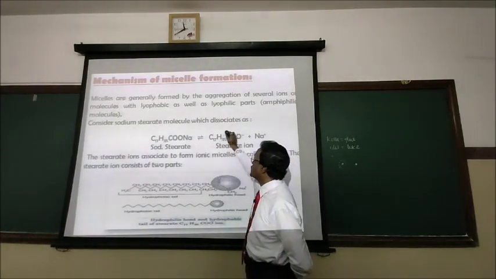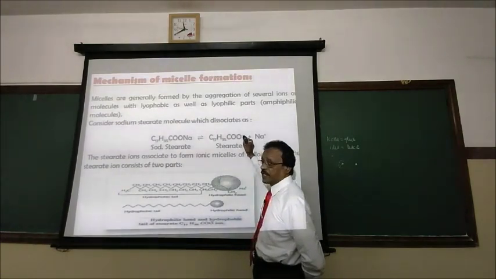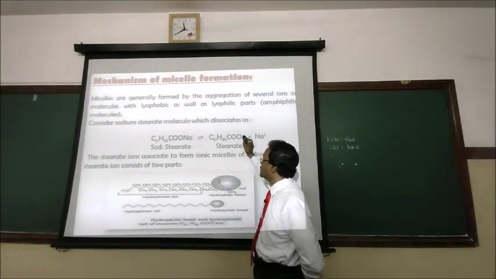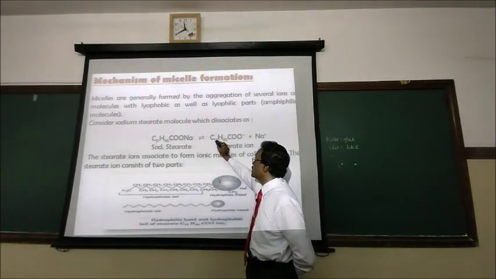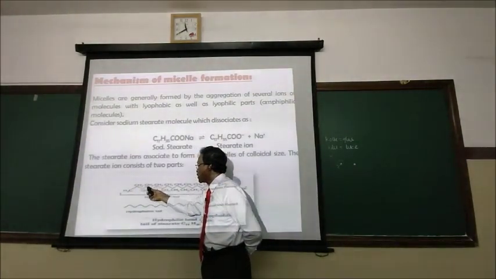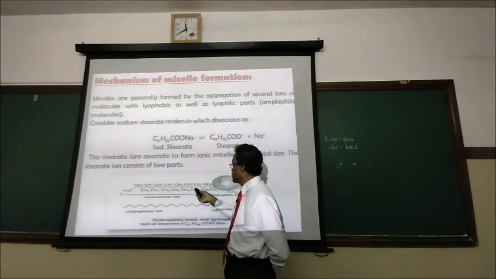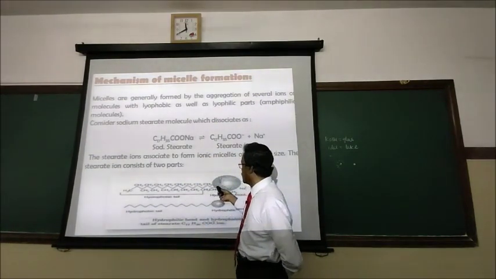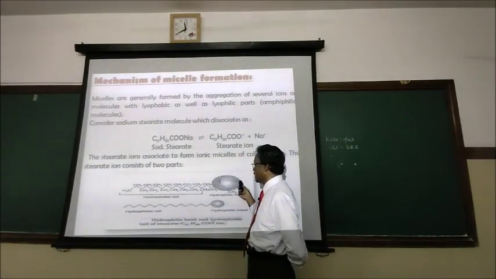The soap ion has a negative charge. If you represent the soap in the form of a structure, C17H35 is nothing but CH3, CH2, CH2, CH2 and so on, a long chain, with COO minus.